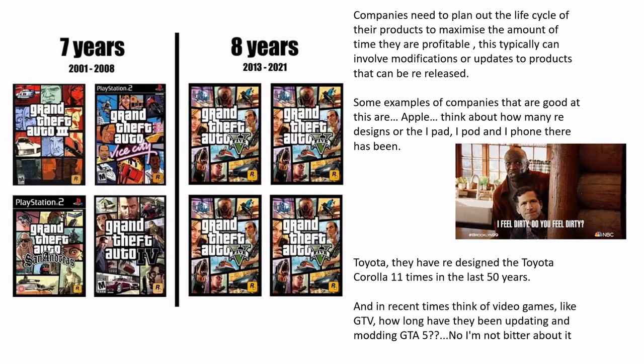This can be to do with new modifications, updates, that type of thing. Typically, most people think of electronics, so as much as it pains me to say this, Apple do this quite well. Think about the iPod, how many iterations of the iPod have there been? The original one with the actual scroll wheel, the touch, the video one, to God knows where right now, and then iPhone 1 to iPhone, I don't even know what model we're on anymore.